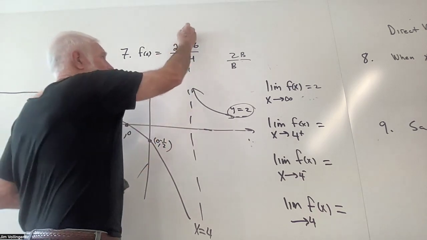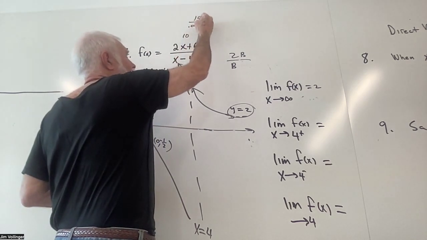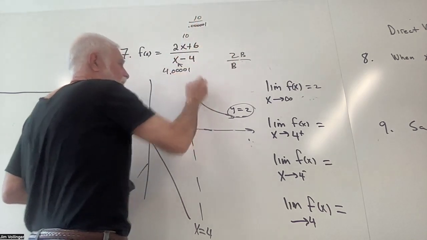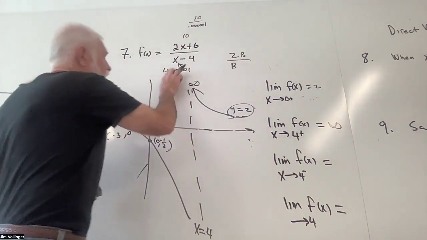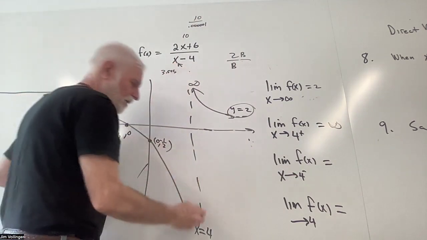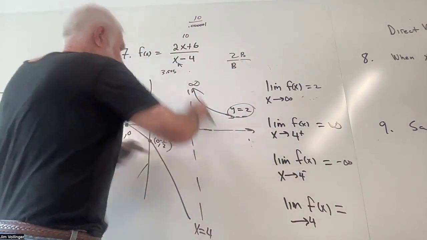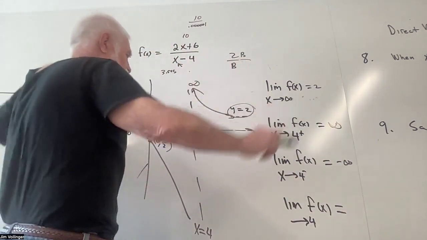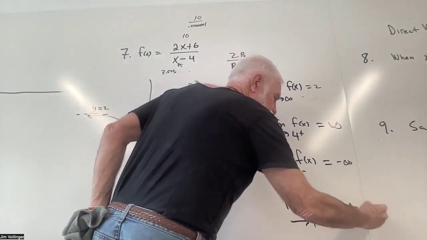I know this is near 10, and this is going to be 10 divided by 0.01. Now that goes to infinity. And if I come in from the other side, 3.9999999, all right, so that's going to negative infinity. And what you'll learn is if you're not trending to the same place, then we say that limit does not exist.